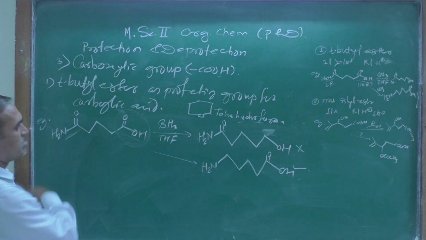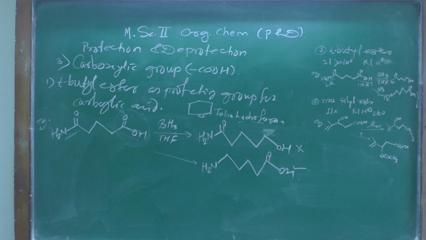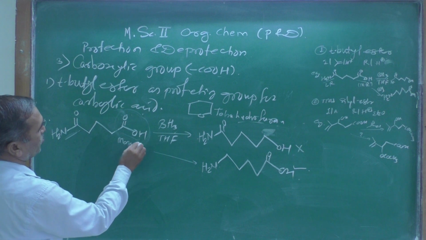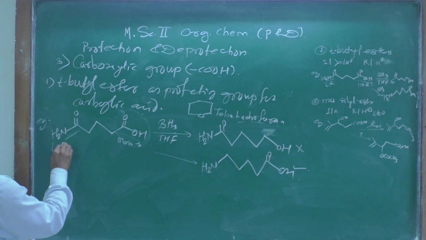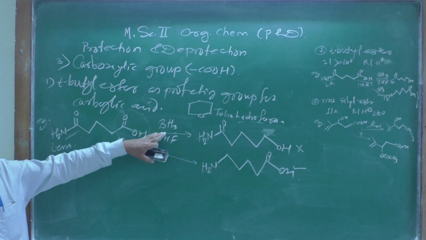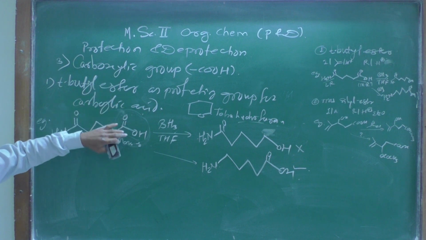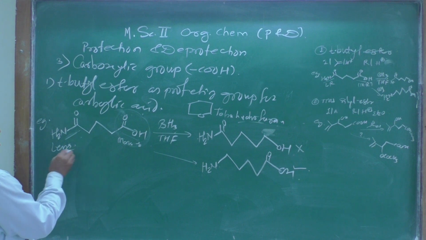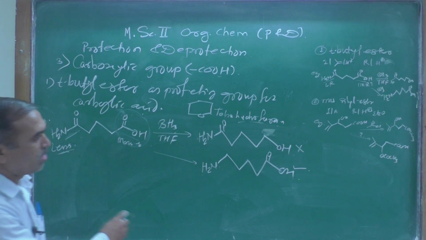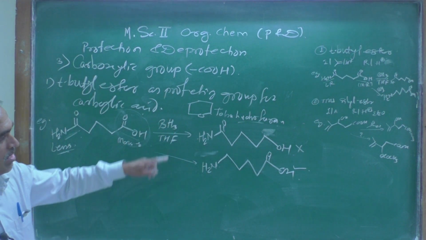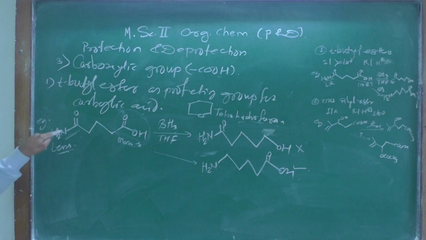We reduce this selectively, and for that purpose, as we know, this one is a more reactive functional group and this is a less reactive functional group, and whenever such a reducing reagent is used, they can reduce the more reactive group into the respective functional group, but the less reactive remains as it is. Now we want to prepare this one. We want the carboxylic group as it is, and we are going to convert that amide group into an amino group.